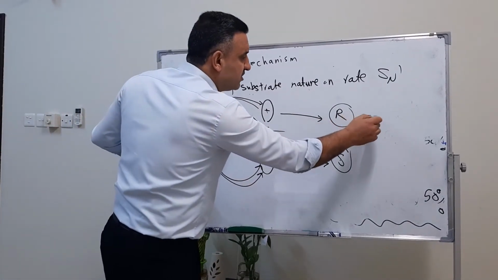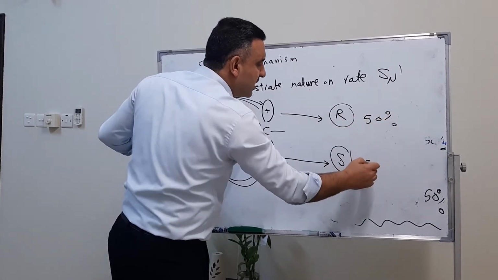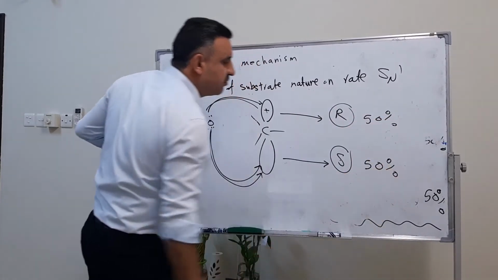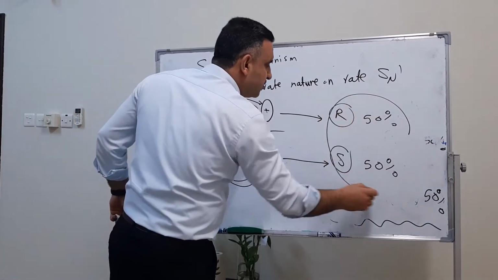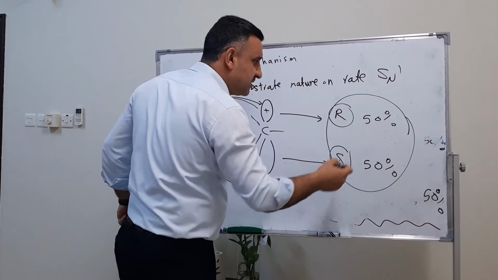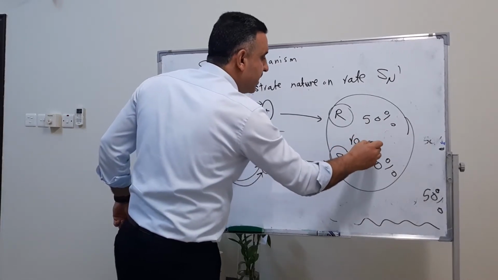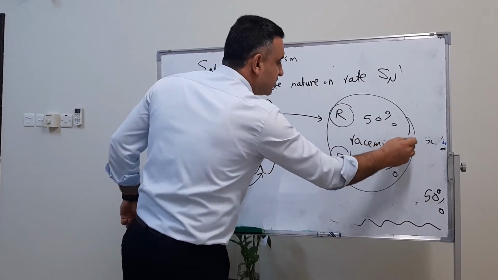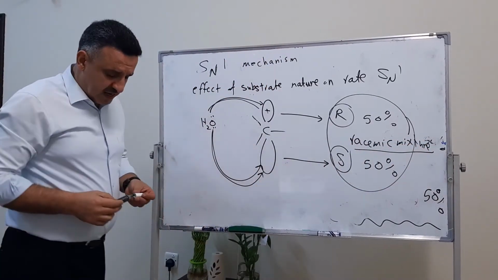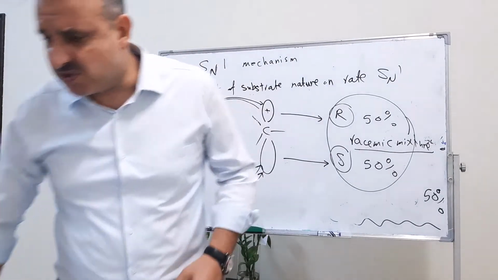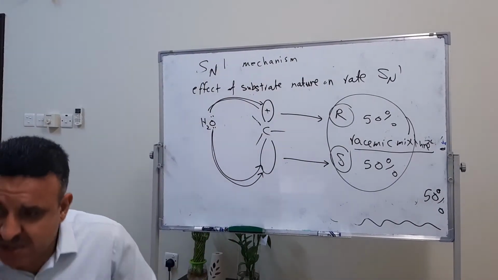Therefore, if we get 50% of one enantiomer, then most likely we are going to get the other enantiomer with 50%. A mixture of 2 enantiomers with approximately the same percent, we call a racemic mixture. That's why we are going to get 2 products as a racemic mixture. Got the point now?